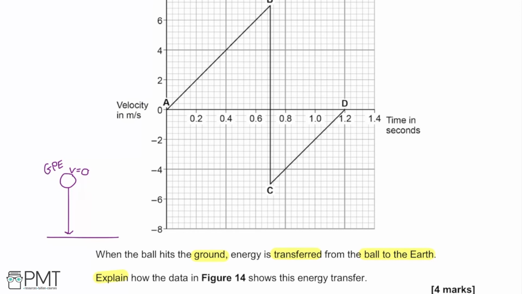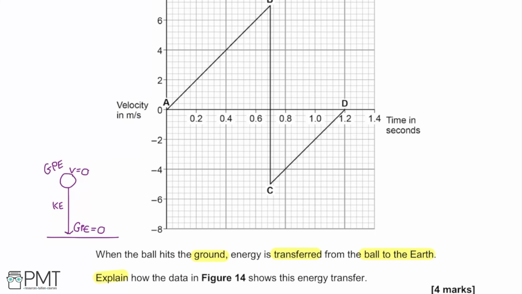As it descends towards the earth, it's going to speed up as it falls. So this gravitational potential is converted into kinetic energy, and then as soon as it hits the surface of the earth, it's going to have a GPE of 0 because it's no longer suspended above the earth, but it's going to have a greater kinetic energy because this energy has been converted.